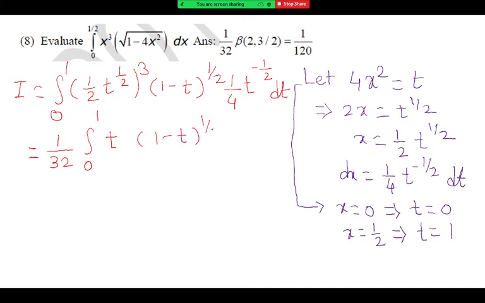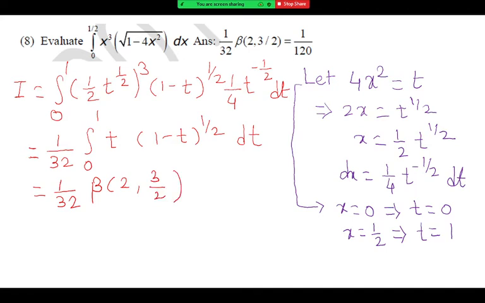Correct. So that is the replacement. And what is the value of this integral now? Sir, beta 2 comma 3 by 2. Yes, beta 2 comma 3 by 2. Good. So that is the end of the question.